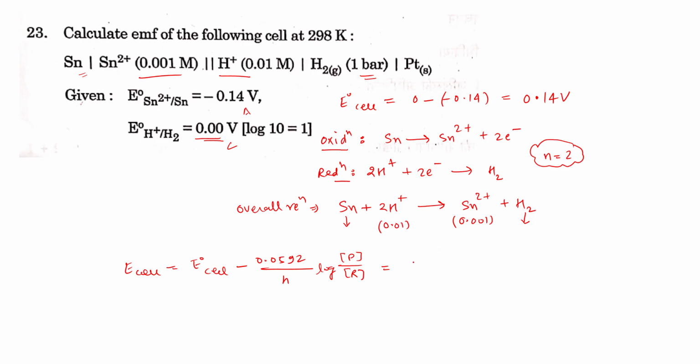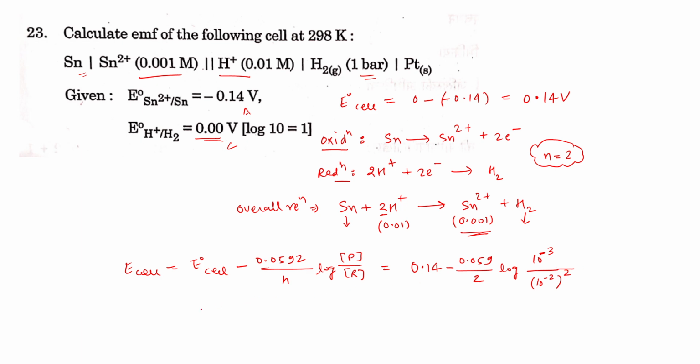So this will be 0.14 minus 0.059 by 2, n value is 2, log, and on product side we have 0.001. So 0.001 can be written as 10 to the power minus 3. On reactant side we have 0.01, so 0.01 is written as 10 to the power minus 2, but since it is H+ squared, we have to raise it to the power of 2.